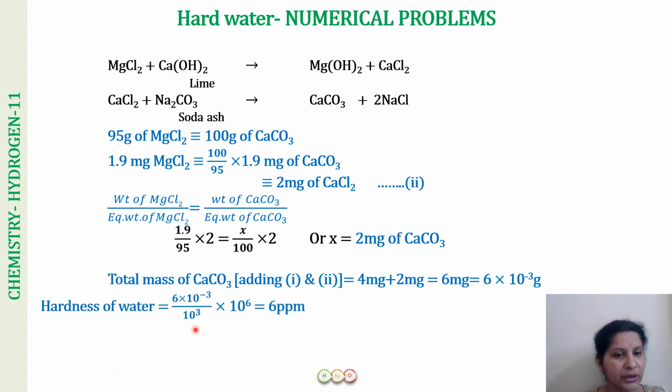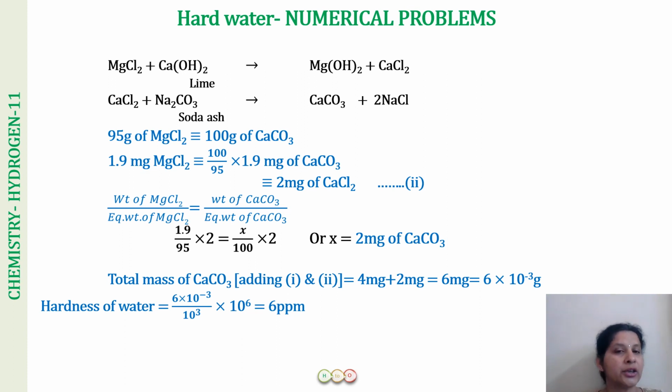The hardness of water is 6 into 10 power minus 3 grams of calcium carbonate over 1 kg of water, so 10 power 3 grams of water, into 10 power 6. The answer that you will get is 6 ppm. I hope you are understanding how you are going to use the mole concept or the equivalent concept to do your numericals.